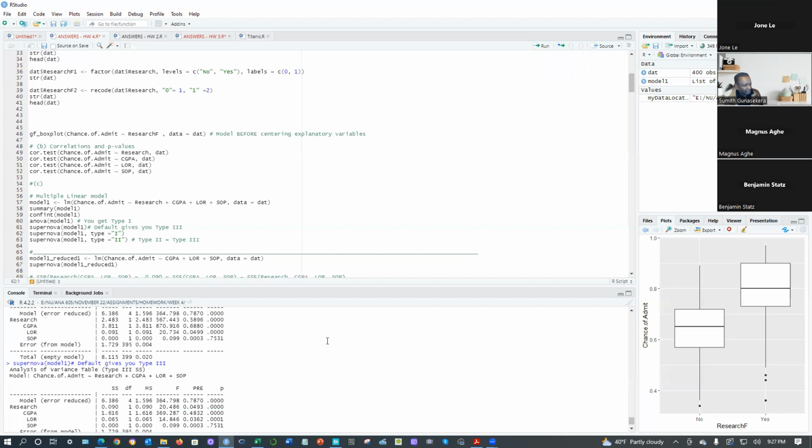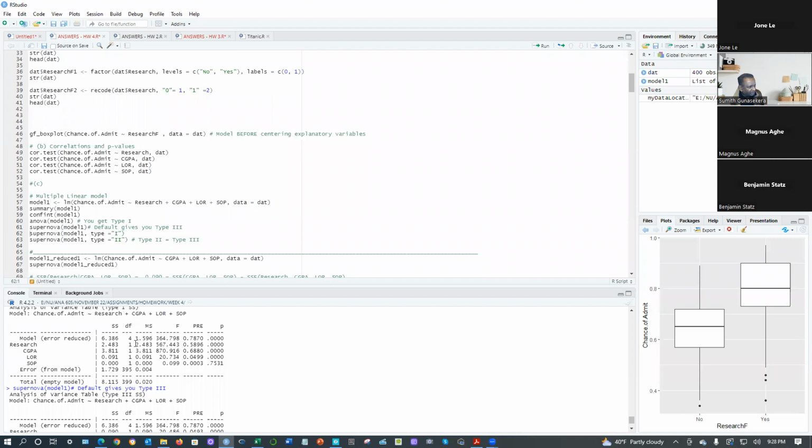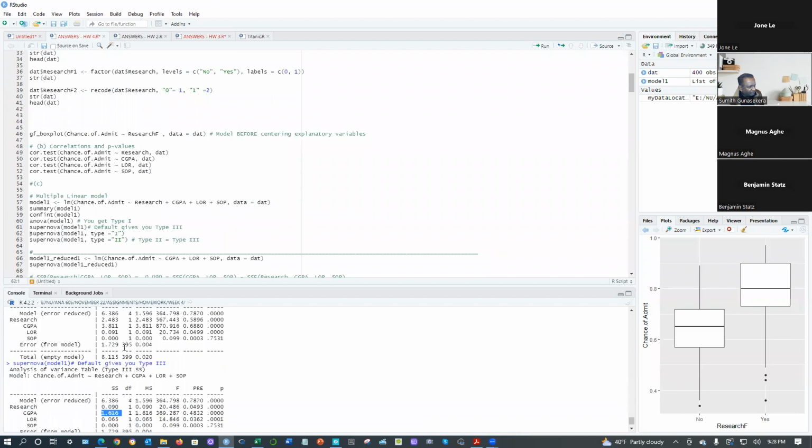Is that the same thing? No. Look here: research 2.483 for type 1, and for type 3, 0.090. This type 1 is the same as what you get from ANOVA, and this is type 3, which you get by default.